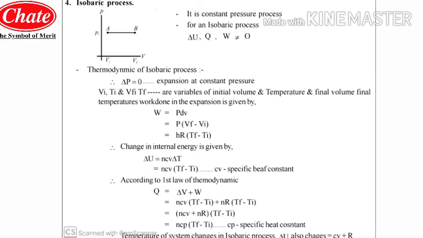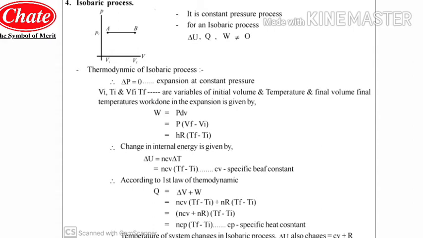We take nCv and nR in common, and Tf minus Ti will be the common term. Now nCv plus nR will be termed as nCp, and Tf minus Ti will be the remaining term. So Cp is the specific heat constant.